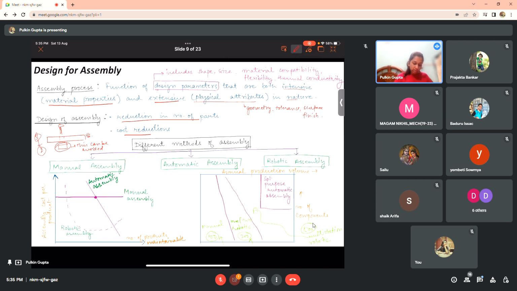Here they use hand tools, and these assemblies are done manually. So you have actual workers sitting at their workbenches, having tools around them and all the components and accessories that they require. And as soon as the product comes, they just pick up the required tools and accessories and assemble it into a final product.